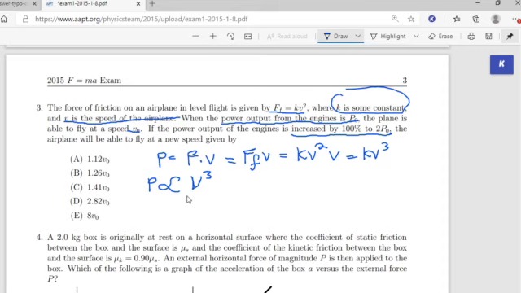So then if we multiply p times 2 to get 2p, we have to multiply v by the cube root of 2 to double this. So then the cube root of 2, okay, I need to plug this in. Calculator's a bit slow. Okay, we're getting about 1.26, so this should be our answer.